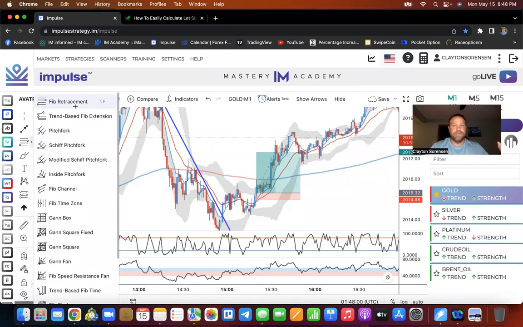On my MT5, I use candlesticks, the red or the green. That's all I ever use. I keep it simple. Hit the buy, sell, put my parameters in, stop loss, take profit, and that's it. That's all I want to do with it.